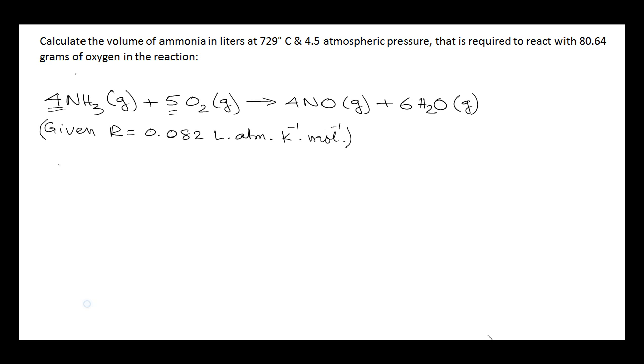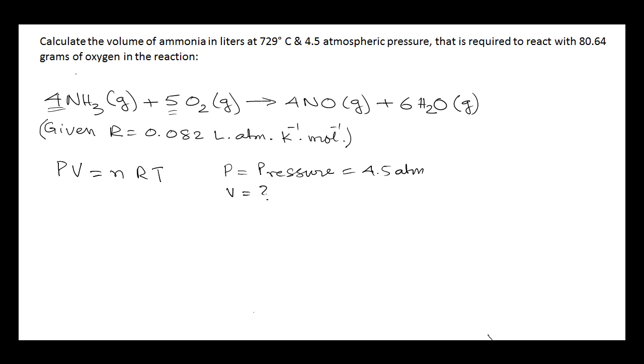know that the equation is PV is equal to nRT, where P is the pressure, and over here it is given 4.5 atmospheric pressure, so we can write that. That is given. V is the volume that we need to calculate.